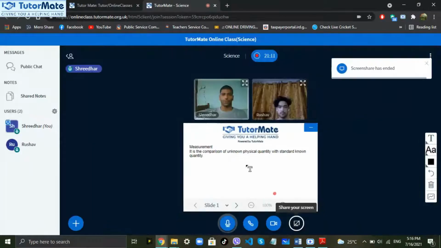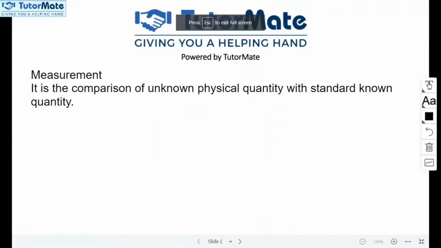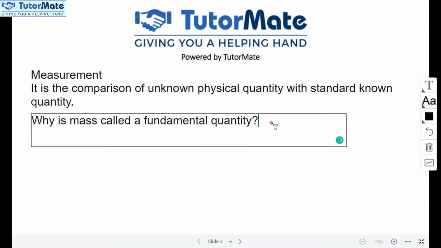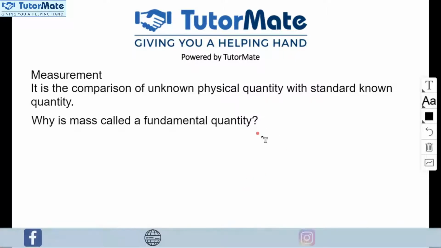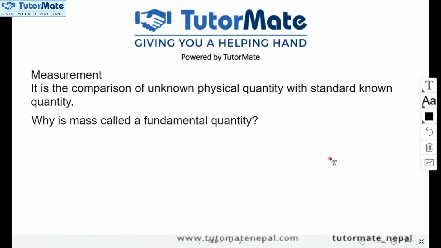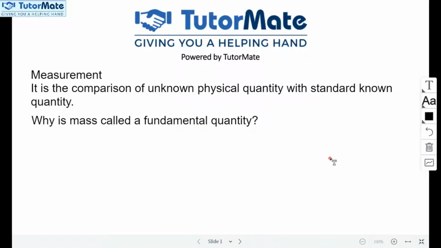Can you tell me the answer of this one? Why is mass called a fundamental quantity? Mass is called a fundamental quantity because its SI unit is not made up of any other fundamental quantities. Yeah, that's the correct answer.